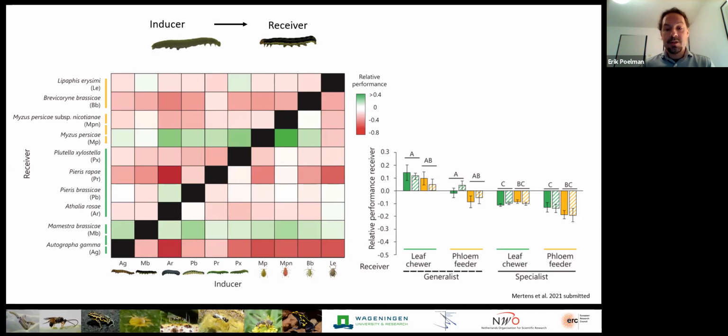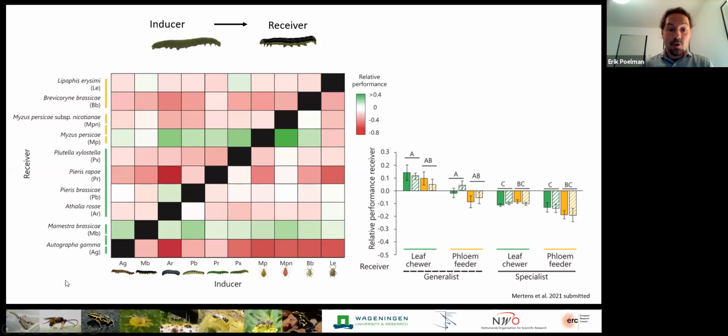If we argue from the idea that plants really respond to the first herbivore, and that affects very strongly what it can do against the second herbivore, you would expect the colors in the columns going up from your inducer to be very similar. But if you look at every herbivore and check all its colors going up, you see quite a diversity in colors, so there's not a very clear pattern that is determined by the inducer itself.